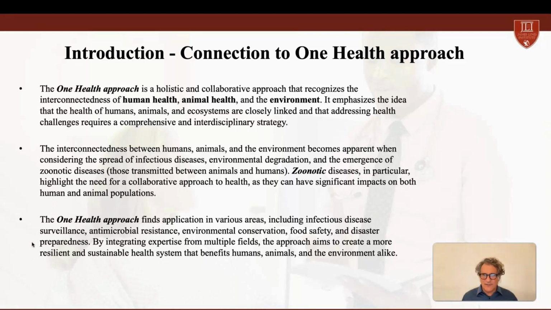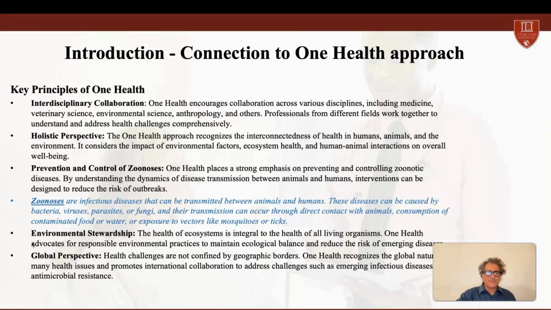Also, zoonotic disease is particularly important because, as we see on the next slide, diseases have a significant impact not just on humans, but also on the animal population. So the key principle of One Health is, first of all, interdisciplinary collaboration among nations, among different professionals, among different institutions and research around the world.